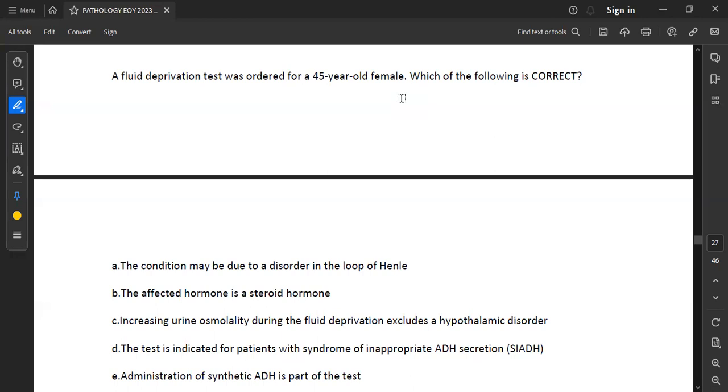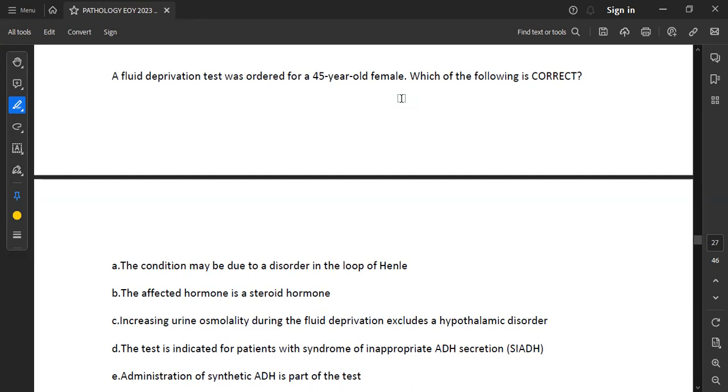Increasing urine osmolality during the fluid deprivation excludes a hypothalamic disorder? Not necessarily. This one, let's skip it. The test is indicated for patients with syndrome of inappropriate ADH secretion?